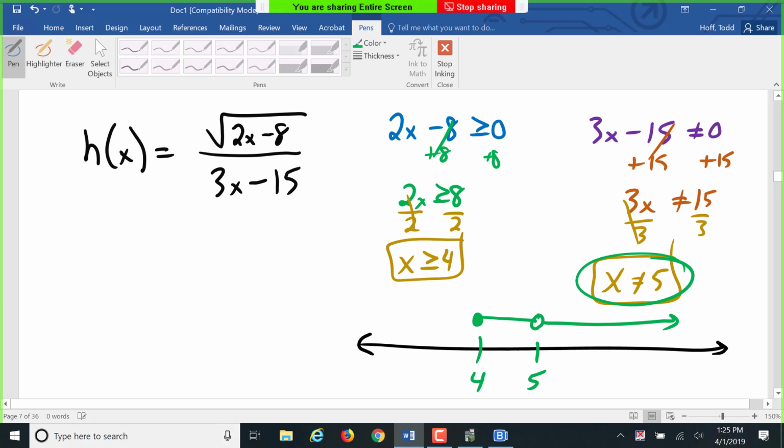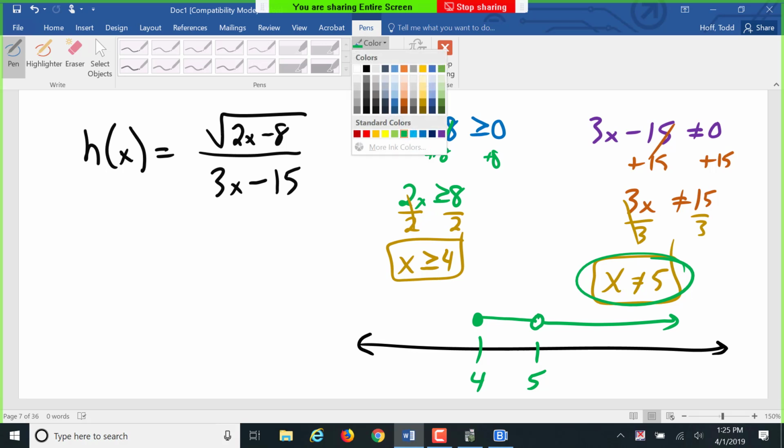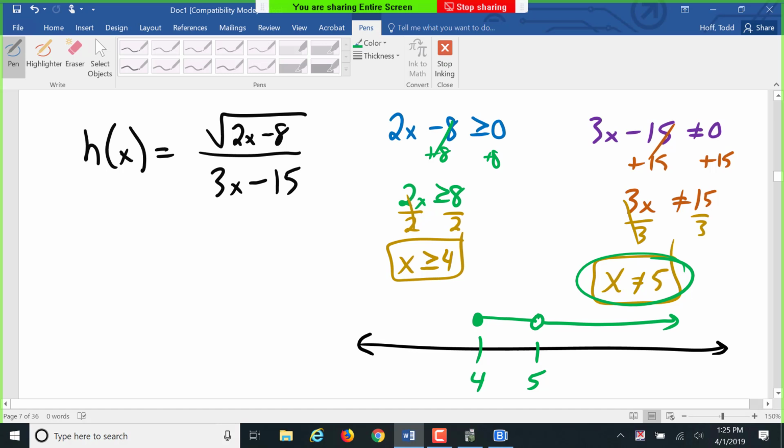That open dot there over the 5 will exclude the 5 from it. If we were to write that using intervals, the 4 is included, going up to the 5 but not including the 5, and then 5 up to infinity.